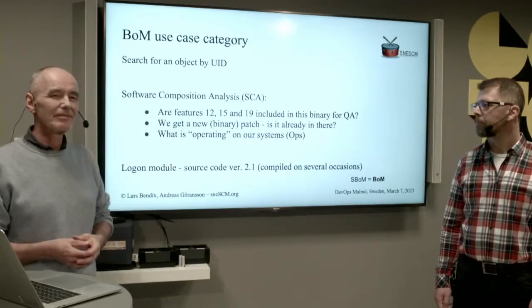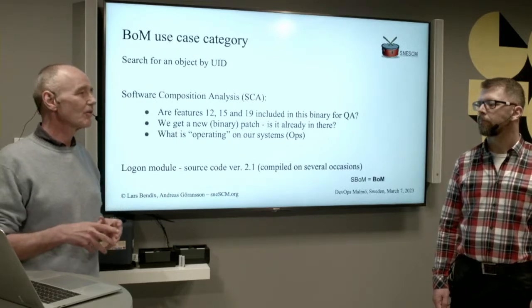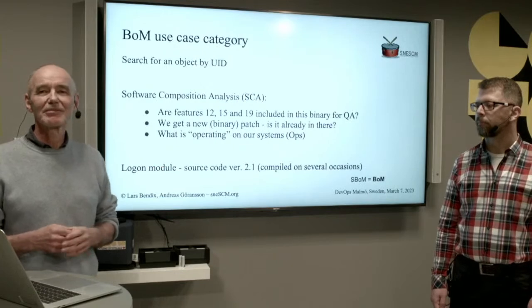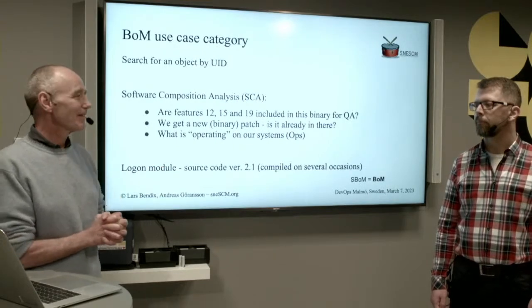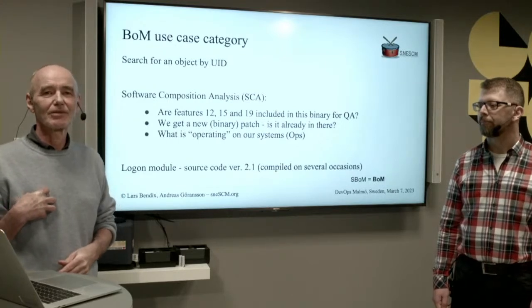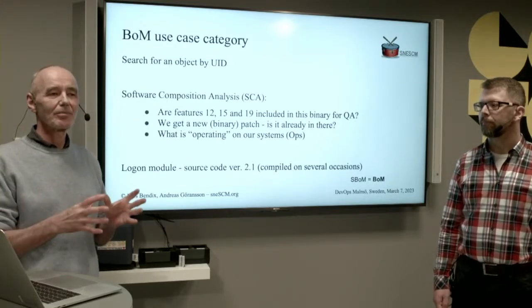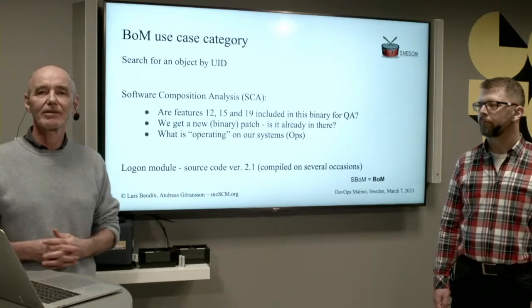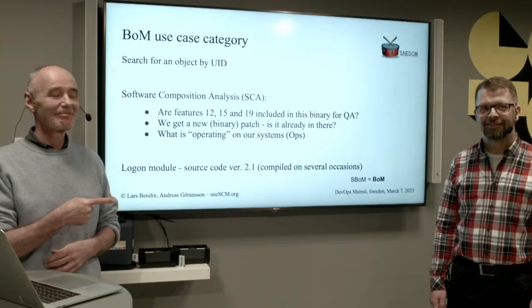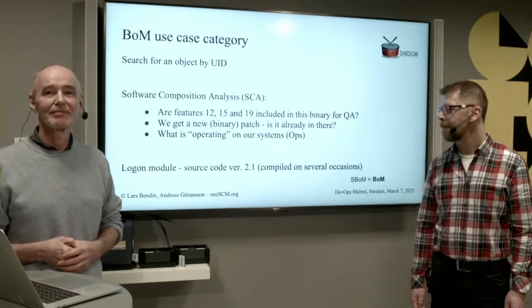And then we discovered that we also have some additional problems, because in this company we have the habit that when I need to have the logon module in version 2.1, I compile it and I include it in my binary, my product. Guess what he's doing? He's doing the same.